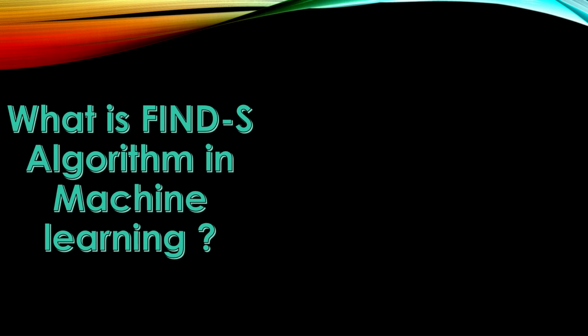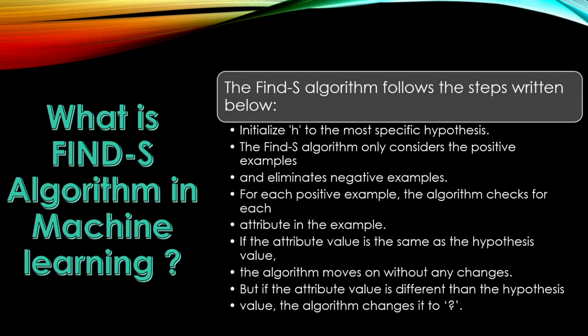Now that we know about general hypothesis, specific hypothesis, and concept learning, let's talk about Find-S algorithm. The algorithm follows the steps that I am telling you. The first step is to initialize H to the most specific hypothesis, that is, giving the details into the example.